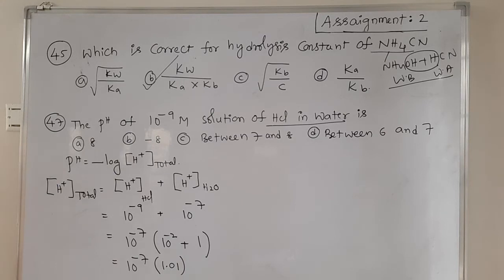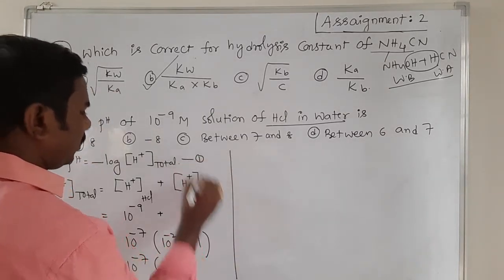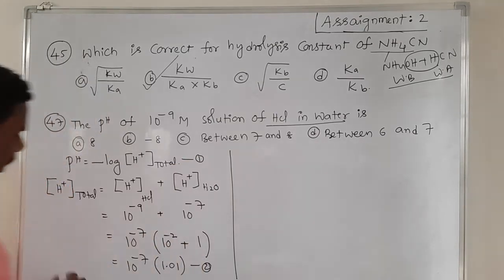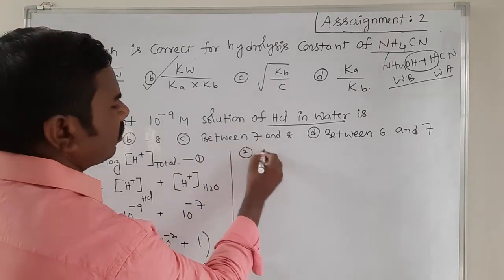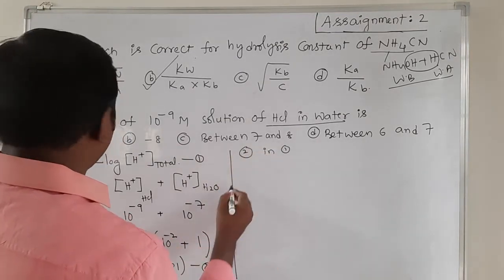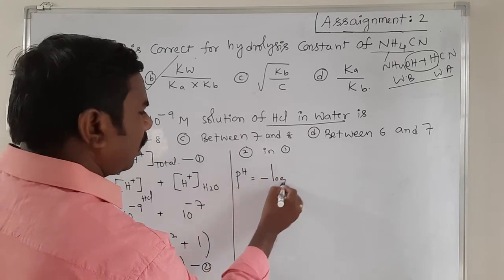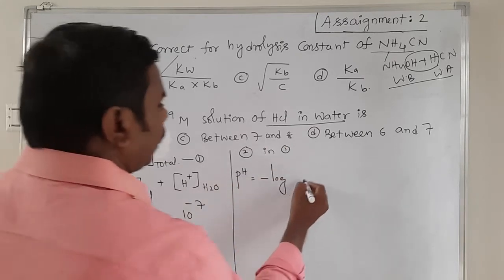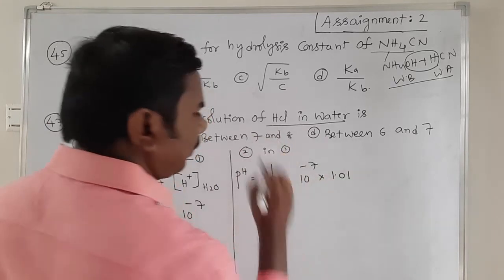Now apply negative logarithm to this. So equation 1, it is equation 2, H plus total we got just now. 2 will be substituted in 1. Then pH is equal to negative logarithm of 10 to the power of minus 7 into 1.01.